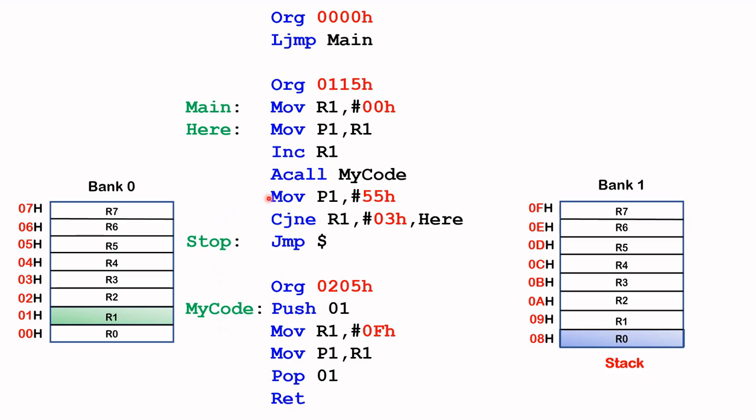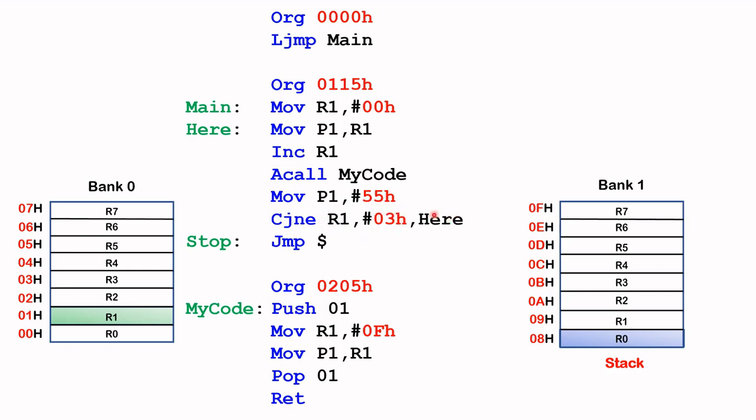So the program flow, or the program control, goes back to main, copy this value to P1. The next instruction here asks the question, is the contents of R1 equal to 03 hexa?